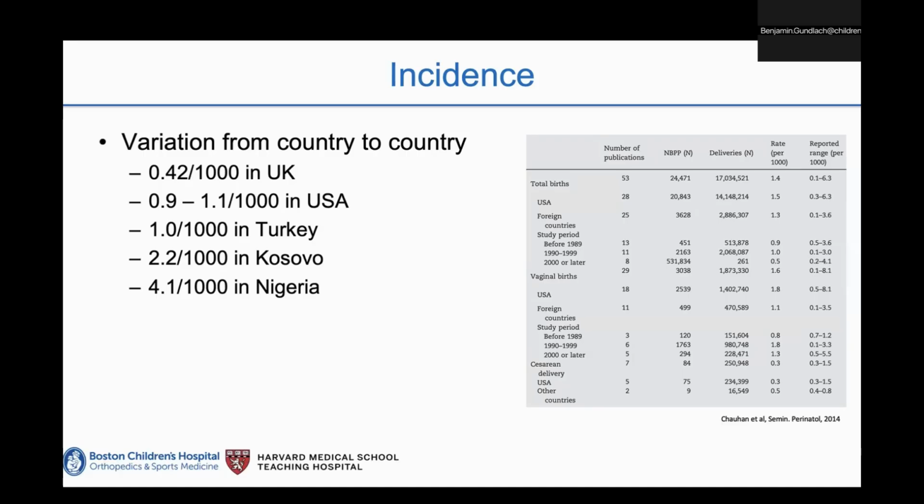In a nice review that was published here by Chow et al., we see this variability nicely displayed in more objective data. What this data also shows us is that countries that have a higher prevalence of cesarean deliveries are shown to have significantly lower rates of brachial plexus birth injury.